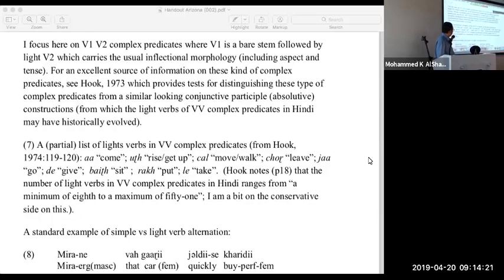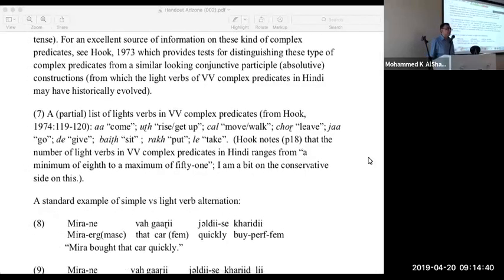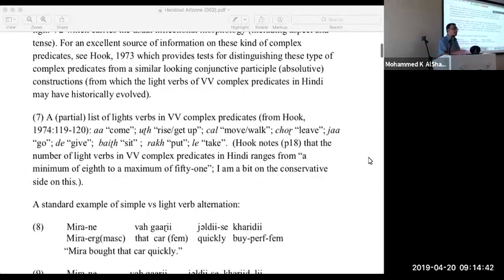People who've done serious counting, like Peter Hook, who wrote an excellent book on this topic, counted this for different grammarians, and the counts range from 8 to 51. I think 51 is a little excessive, in the sense that that's the point where people stop making a distinction between a complex predicate and a normal object verb construction.